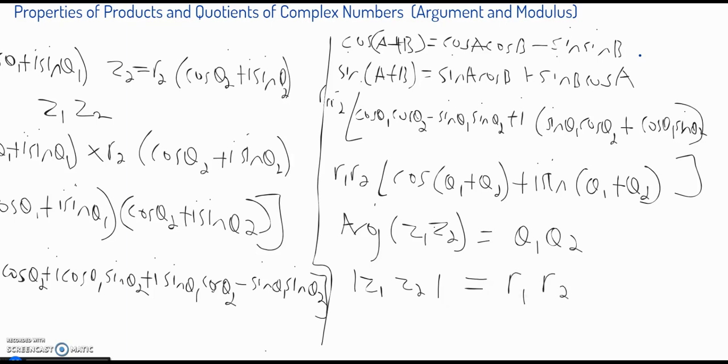So if we have two complex numbers that are being multiplied, and we want to find the argument of that product, then we can find the individual arguments and add them. So the argument of z1 times z2 is simply equal to the argument of z1 plus the argument of z2.